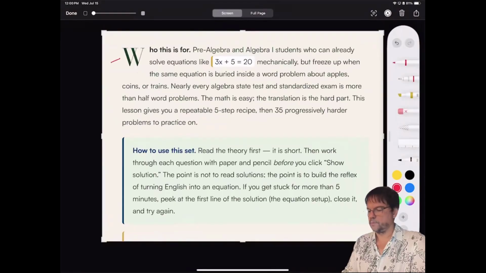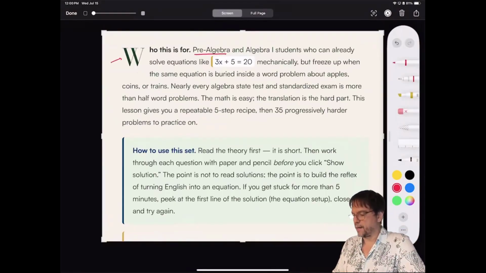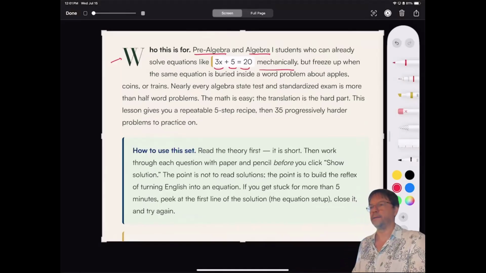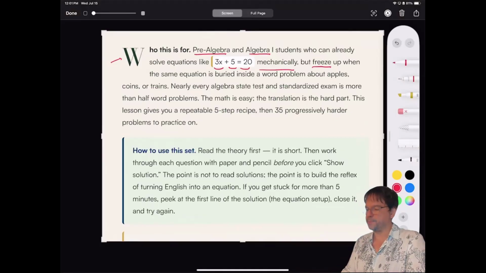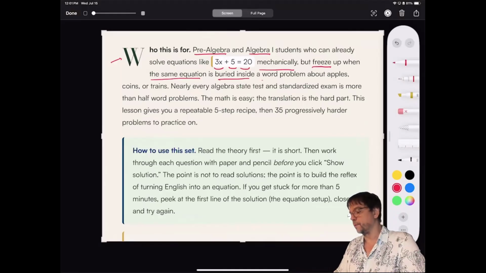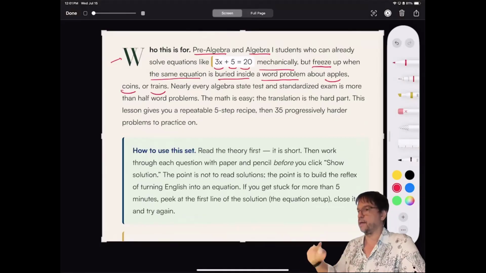Who is this for? Pre-algebra and algebra 1 students who can already solve equations like 3x plus 5 equals 20 mechanically and do this very well, but freeze up when the same equation is buried inside a word problem about apples, coins, trains, whatever.